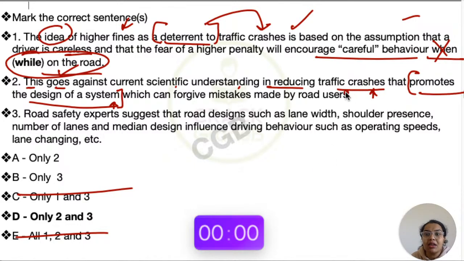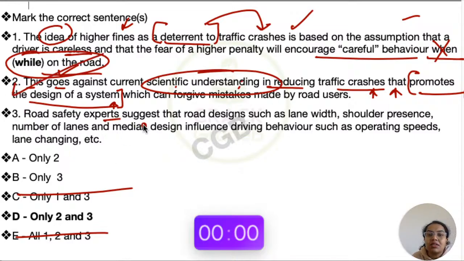I'm not explaining traffic crashes that promotes, because it is not something that can promote anything, right? That means the antecedent is something else. Understanding that promotes the design of a system. So that's where I'm getting my antecedent, which is singular, from the context we have understood, and that's why this was correct.